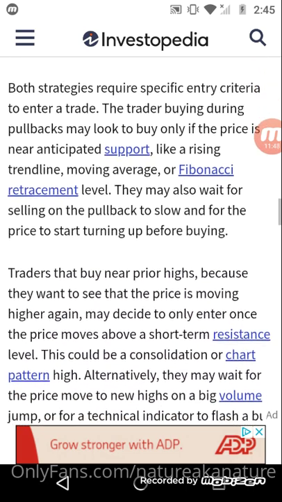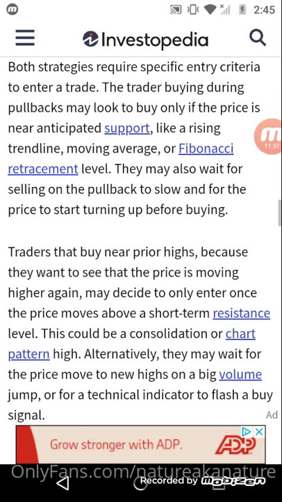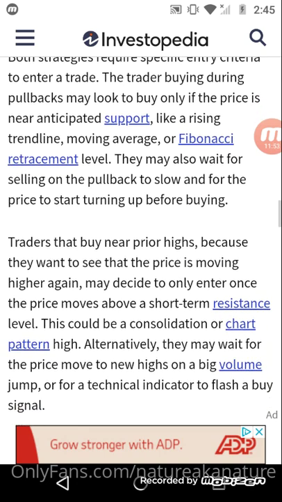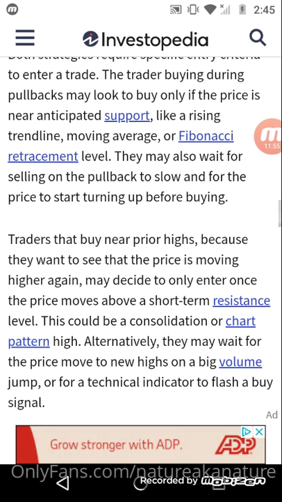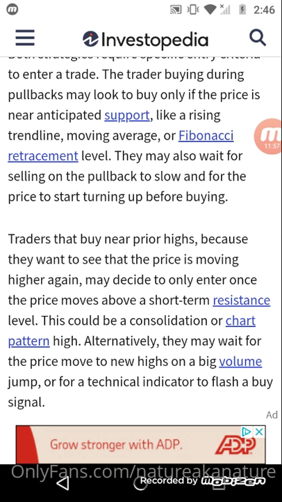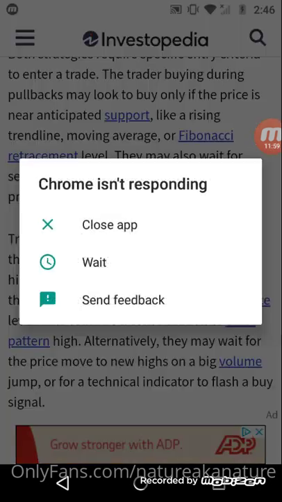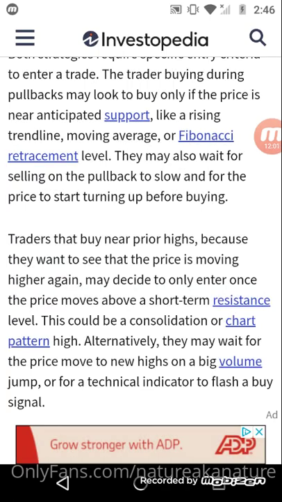They may also wait for selling on a pullback to slow and for the price to start turning up before buying. Other traders buy near prior highs, because they want to see the price moving higher again. But you don't want to buy when it's high. You buy when it's low.